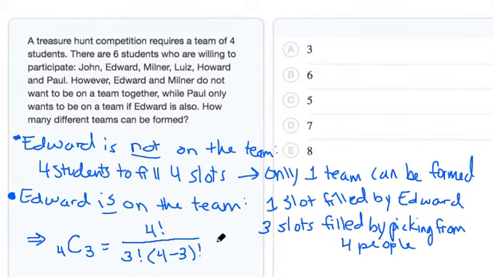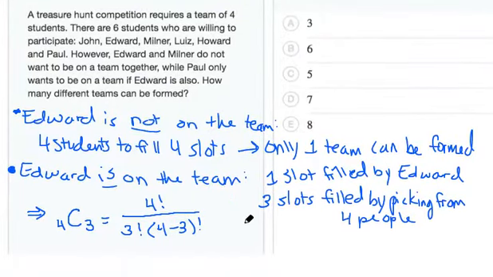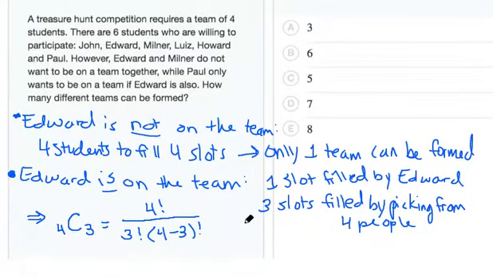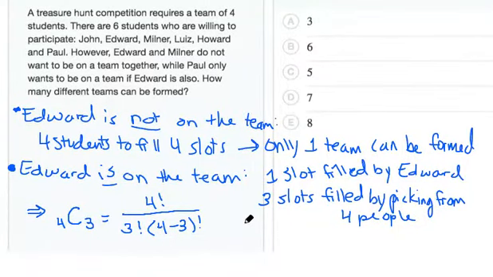Now all I have to do is simplify this, and this should give us the number of ways that we can choose 3 people from a set of 4. Since we have 3 factorial in the bottom, we can break apart 4 factorial into 4 times 3 factorial, divided by 3 factorial times 4 minus 3, which is 1.